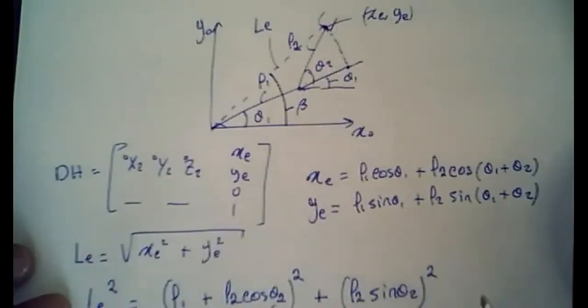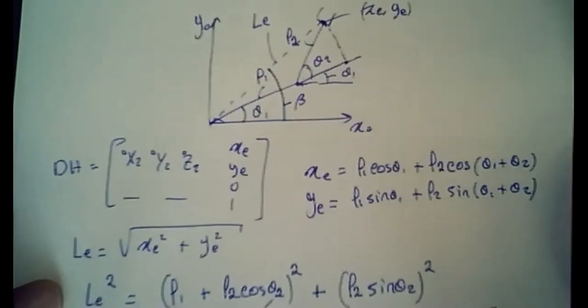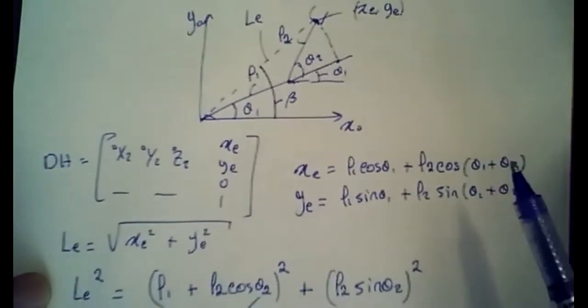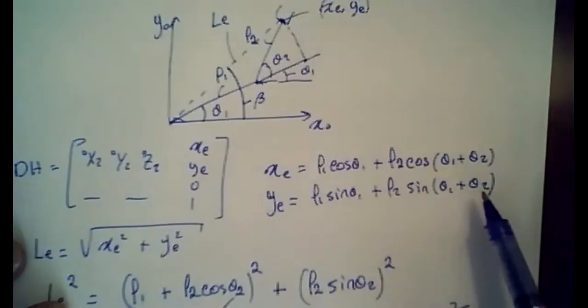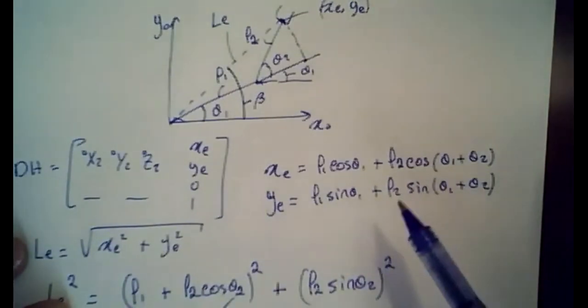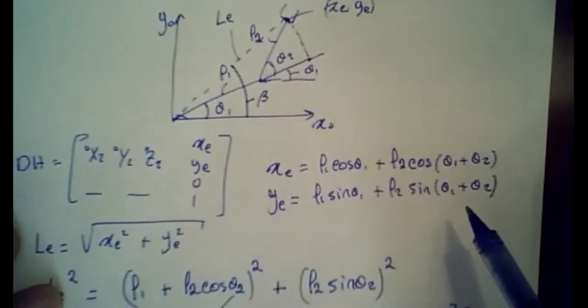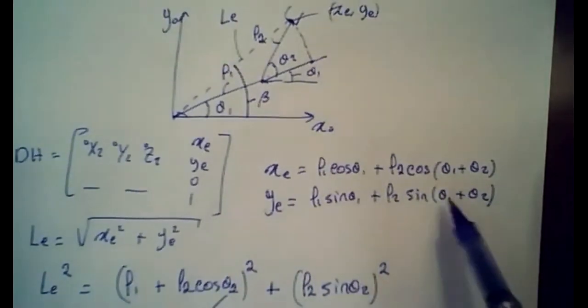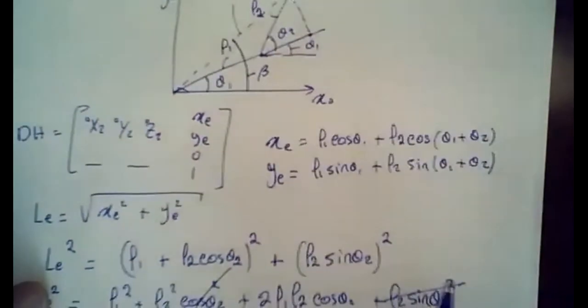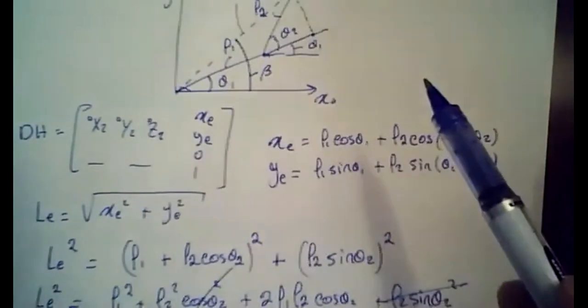Can I use one of these equations to find theta 1 now that theta 2 is known? Yes, you can, but again it will be a product again, right? We could say theta 1 plus theta 2 is one angle and solve for it, but if you actually expand that, it will still be a nonlinear problem. But you can try it. We only have a few minutes, so I have to solve the second one and get going.